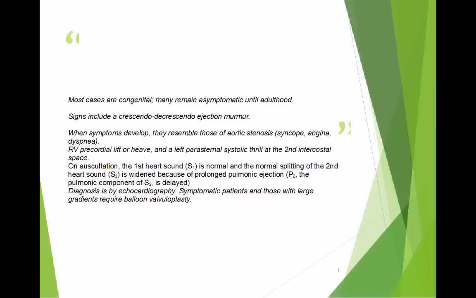Symptoms. So let's continue with the aortic stenosis, which is associated with coarctation of the aorta. They're going to have a crescendo-decrescendo ejection murmur. This is unique to aortic stenosis, crescendo-decrescendo. Remember that the symptoms of aortic stenosis, same as coarctation, are syncope, angina, and dyspnea.